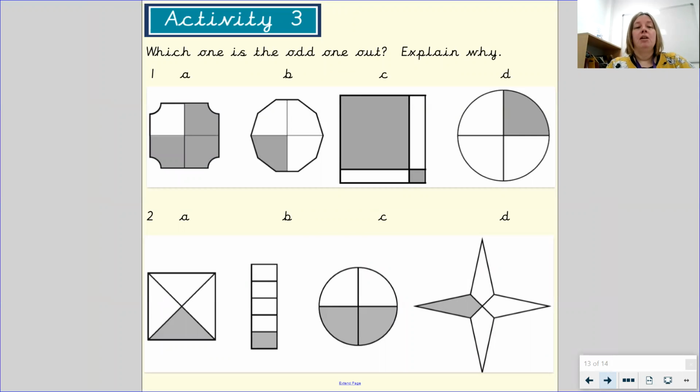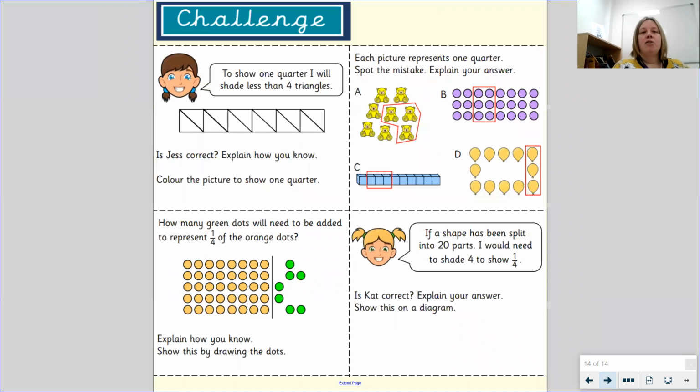Activity 3, question 1. Which is the odd one out? Explain why. And you've got to do exactly the same for question number 2. Your challenge. To show 1/4, I will shade less than 4 triangles. Is Jess correct? Explain how you know.